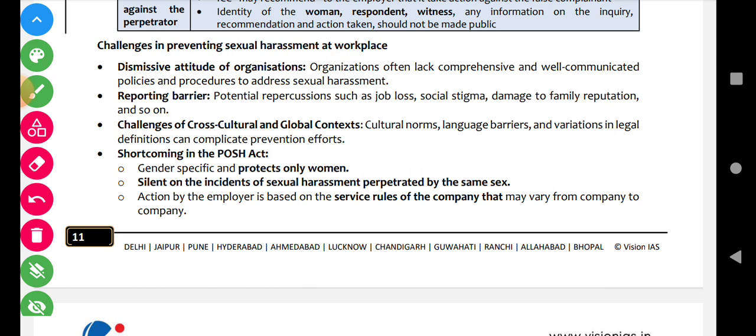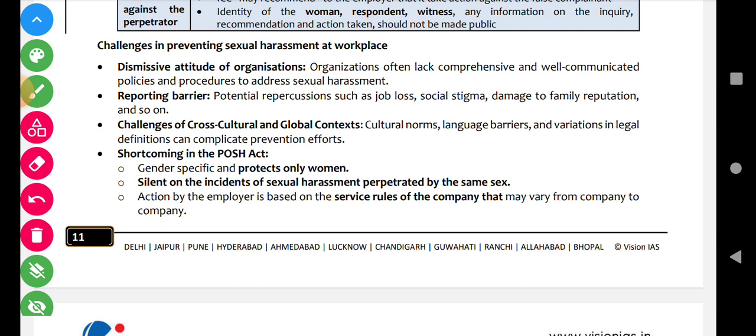So not mentioned in the POSH Act, that is a shortcoming: the Act protects only women, and it is not mentioned clearly whether the harassment is committed by the same sex or the opposite sex.